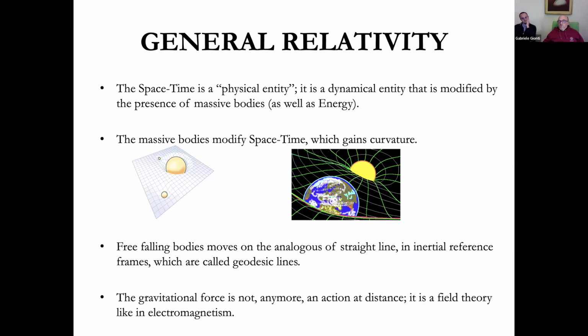A free-falling body will move on the equivalent of a straight line in curved space, called a geodesic. Gravitational force is not an action at a distance anymore. It is a field theory like electromagnetism, and this field theory is now described completely by space-time.